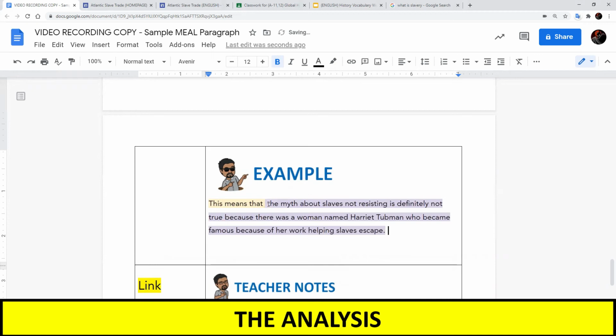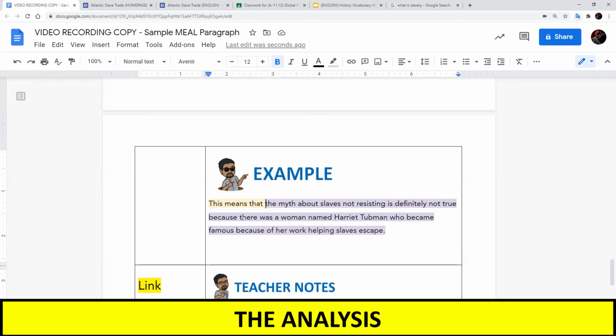All right. So right here, we have this: "The myth about slaves not resisting is definitely not true." That is a summary of the claim. You're basically saying, okay, this is the claim, and I'm saying it's not true. That's all you need to do for the summary of the claim.